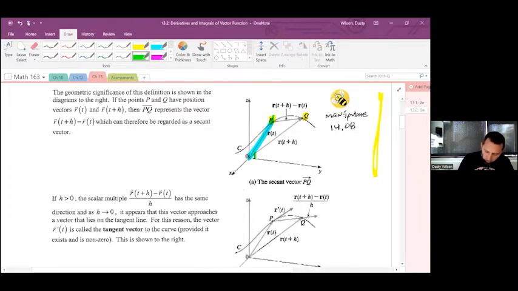Here's r of t plus h. Then PQ represents the vector r of t plus h minus r of t, which can therefore be regarded as a secant vector. So r of t plus h minus r of t is this vector between point P and point Q. This is, again, that secant vector.